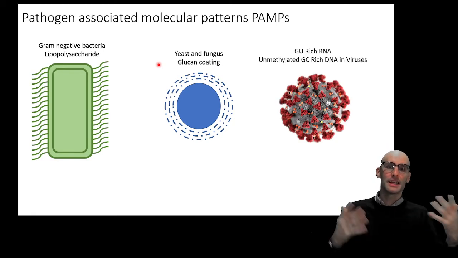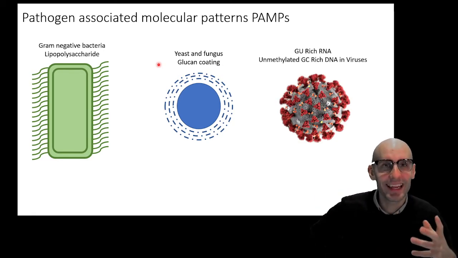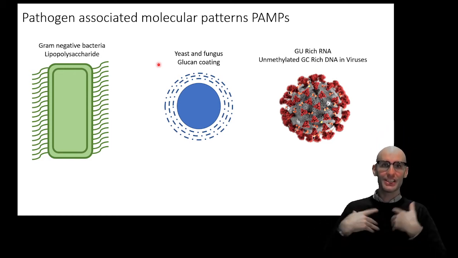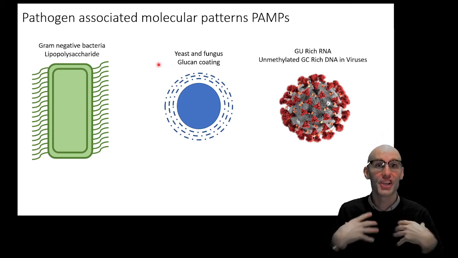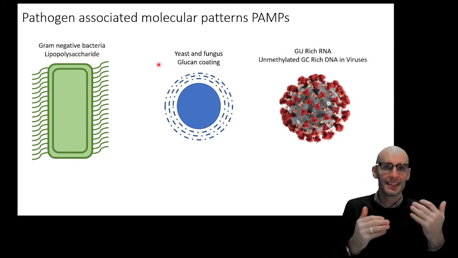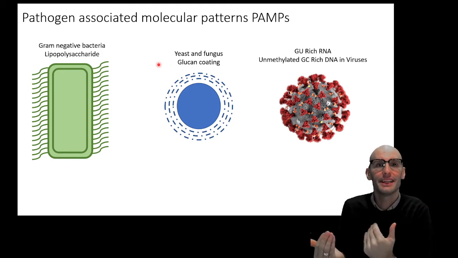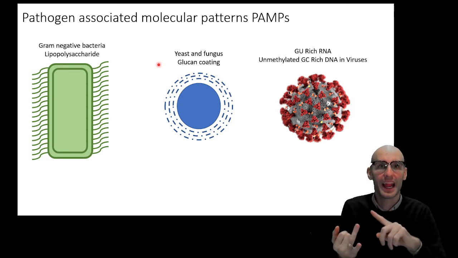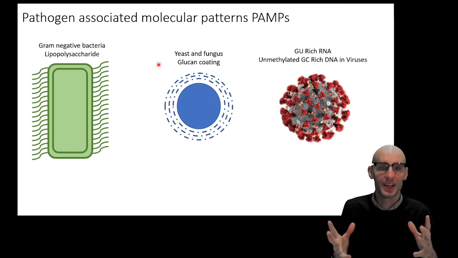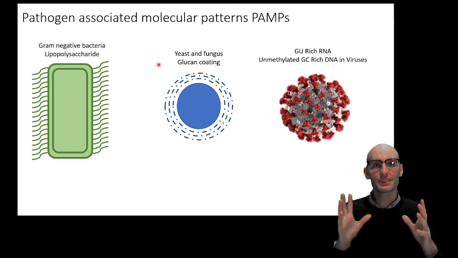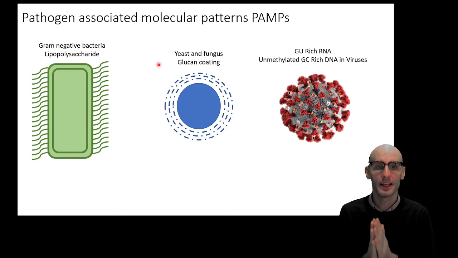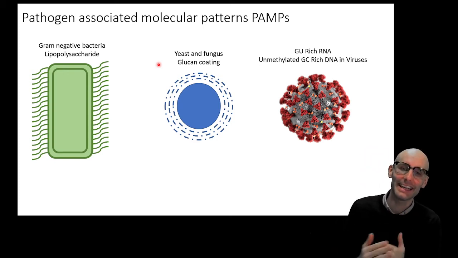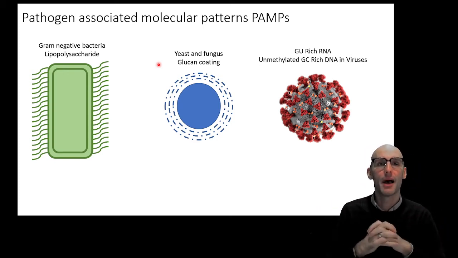Now, viruses have unique genomes. Viruses insert their genome into our cells and essentially hijack our machinery. And our machinery starts to read their genome to duplicate it and create all the proteins that go into a virus. But what's interesting is their genome, and this is an interesting evolutionary battle, has a higher proportion of GUs and GCs than we do.